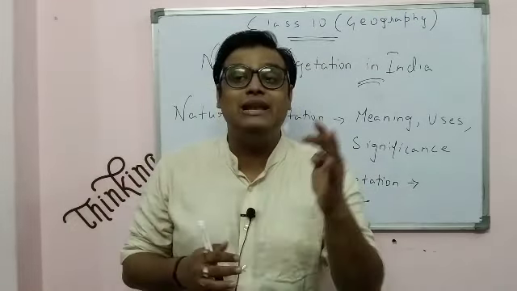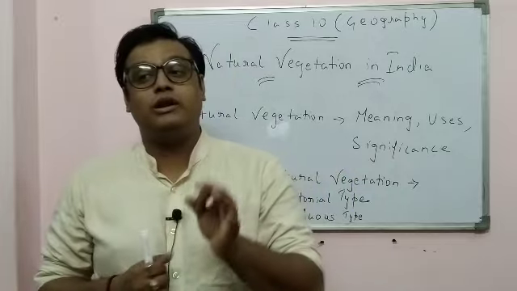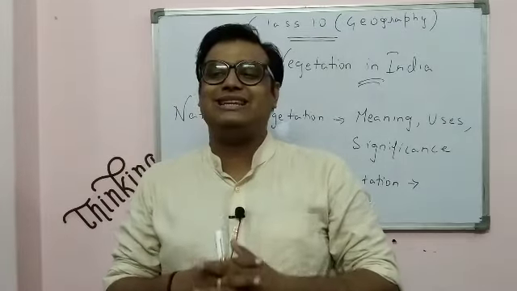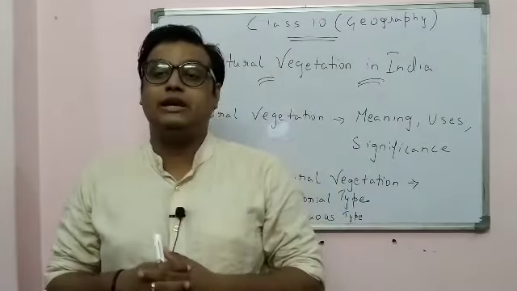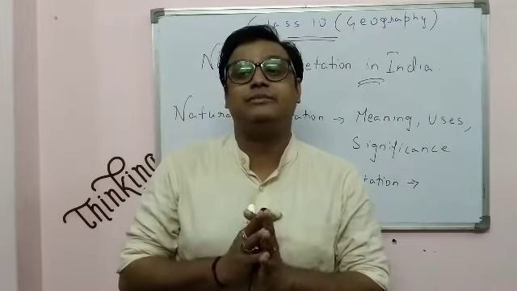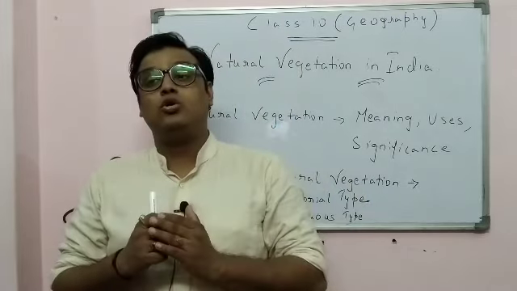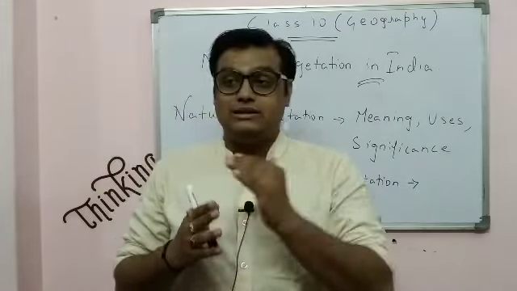Here we have multi-layered vegetation, a very important topic. Multi-layered vegetation means that the vegetation grows in layers. There are three basic layers. One is the tall trees which form a canopy-type structure. These tall trees are around 60 to 70, even 80 meters tall, and have hardwood.